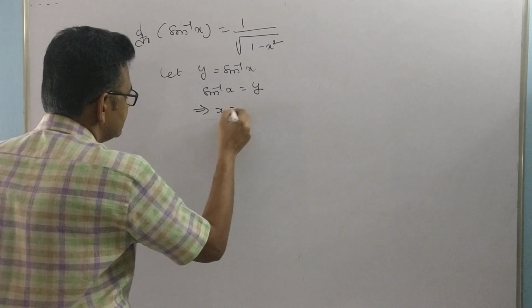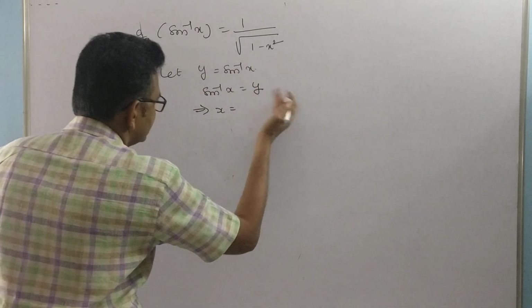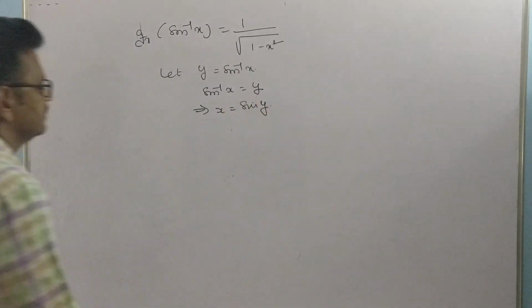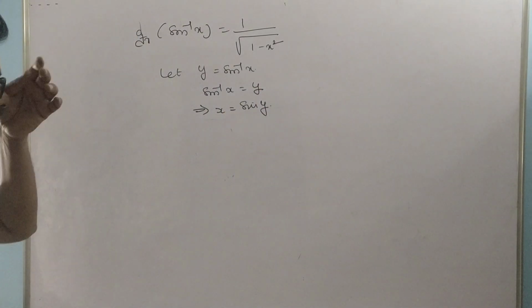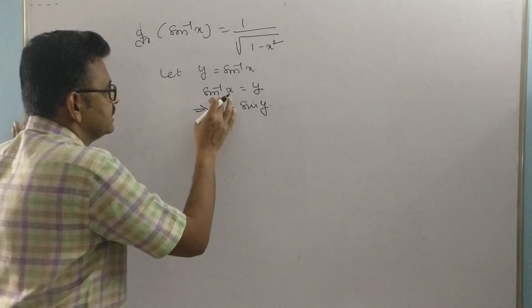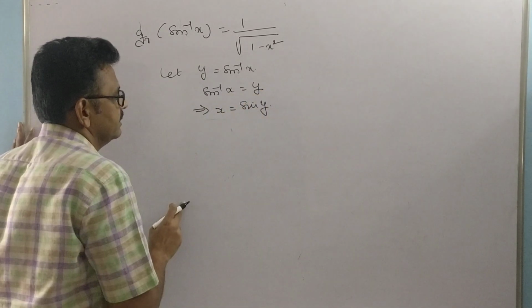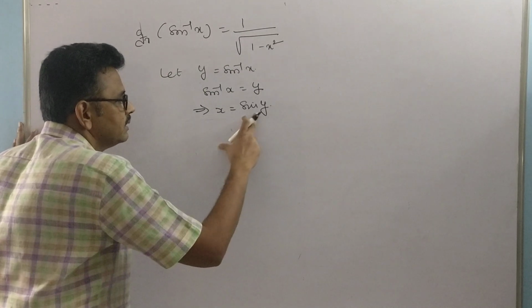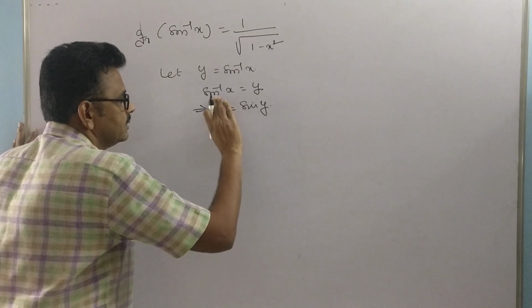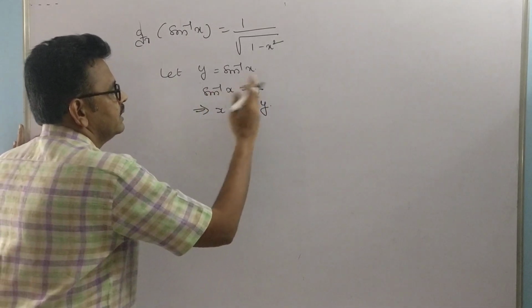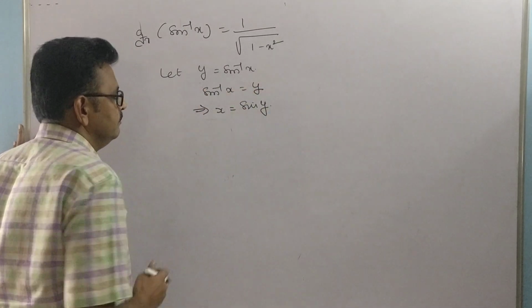Implies x is equal to sin y. Let sin inverse x equal to y, so x is equal to what? Sin y. Inverse becomes sin.